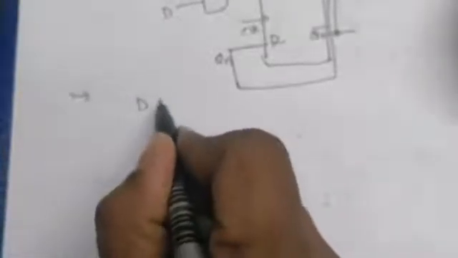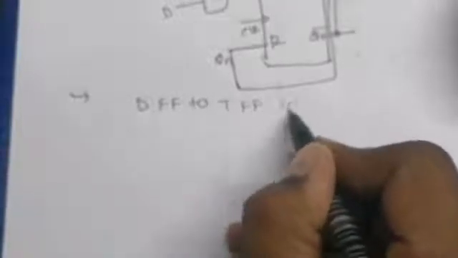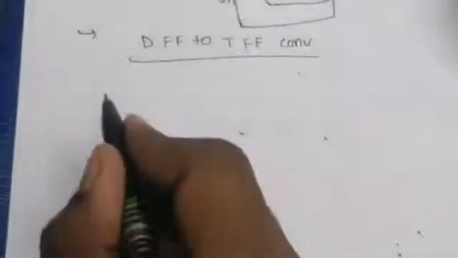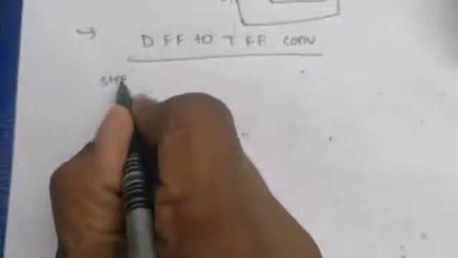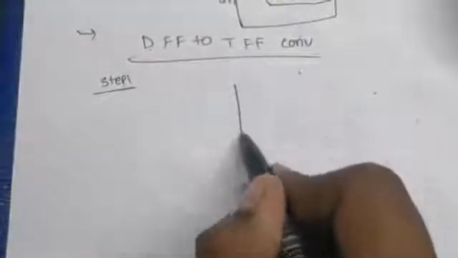One more conversion I will explain here: D flip-flop to T flip-flop conversion. Similarly, in step 1, which flip-flop is available? The D flip-flop is available. We have to convert it into a T flip-flop.